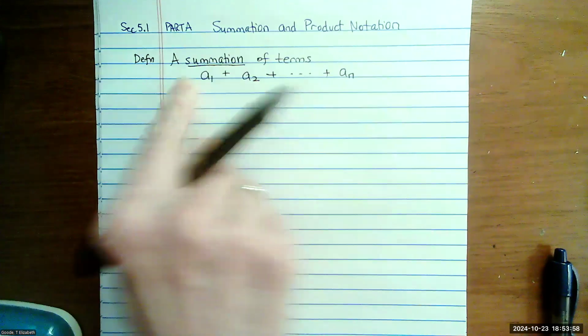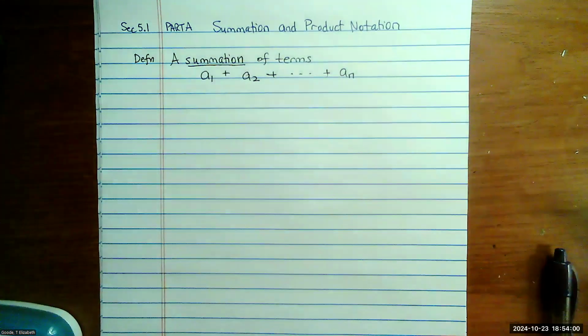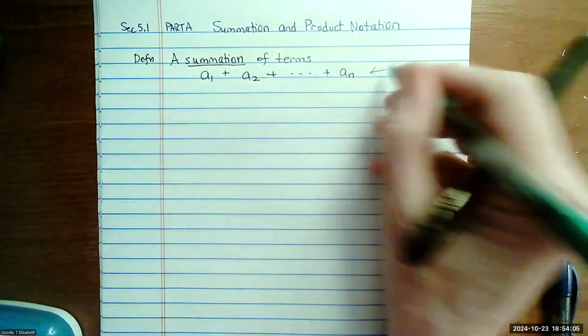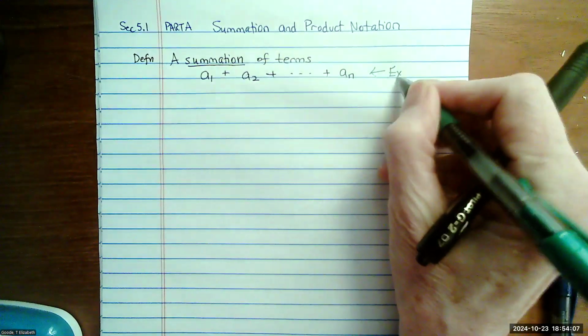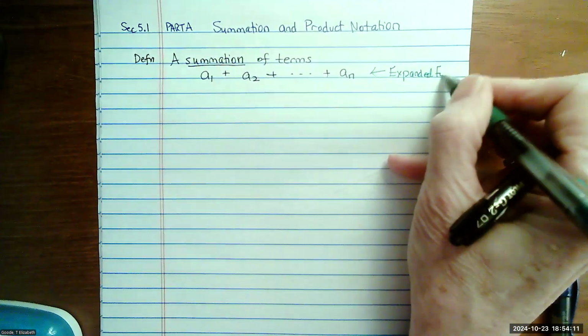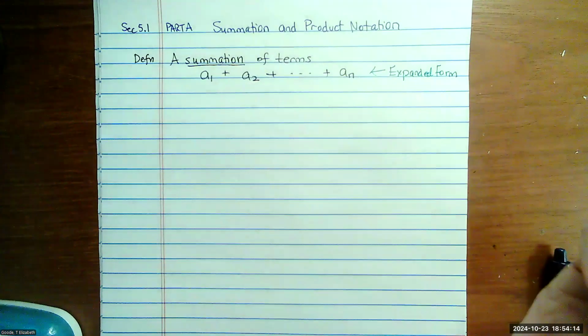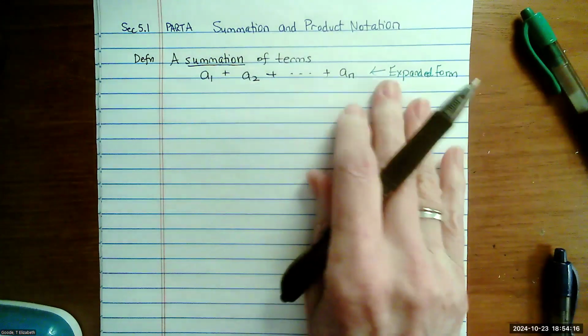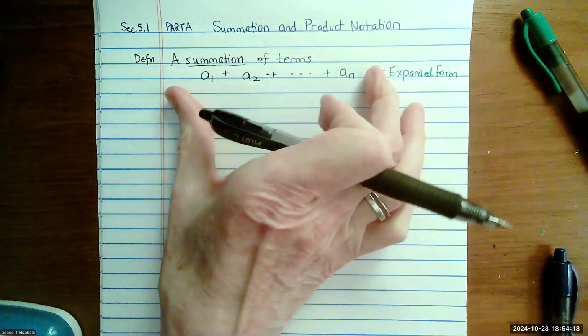Now, when it's written out like this with the plus signs in between the terms, this is called expanded notation or extended notation. I like to call it expanded form. I think in WebAssign, they call it extended form, but you get the drift, okay? It's all stretched out.